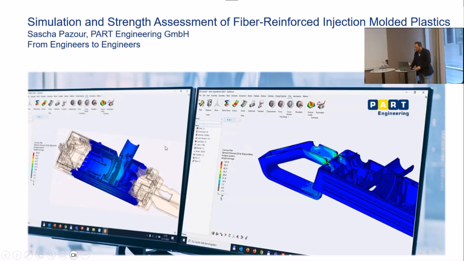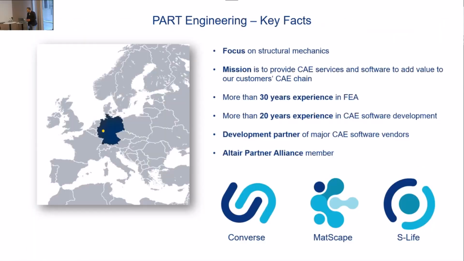Beginning with a brief introduction of the company, for those of you that do not know us yet, Part Engineering is a company that used to start with providing simulation services for companies that do not have any FEA department. Over time, we developed some of our own solutions because we saw that there was a need for this on the market and no such solution available.